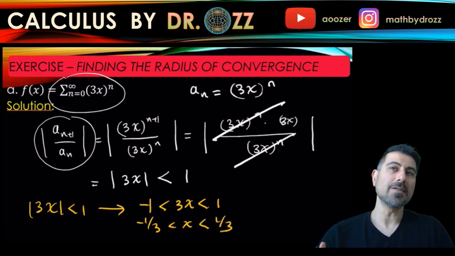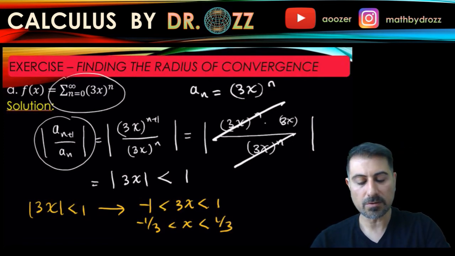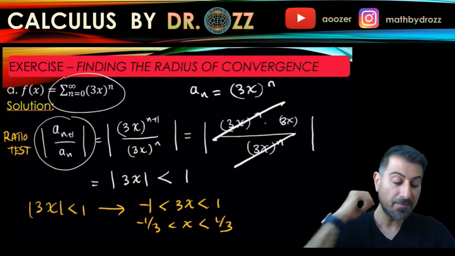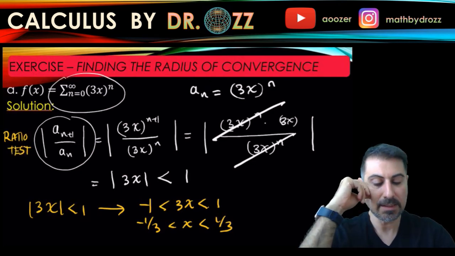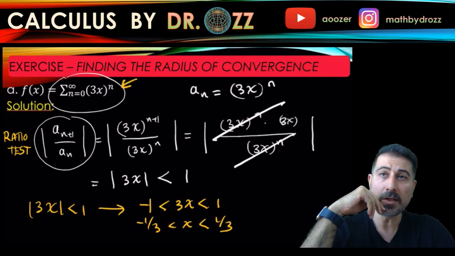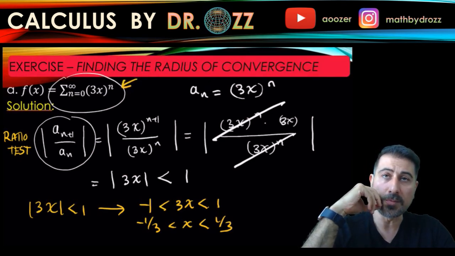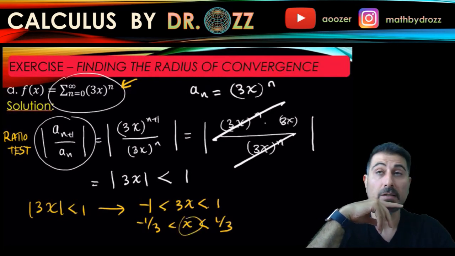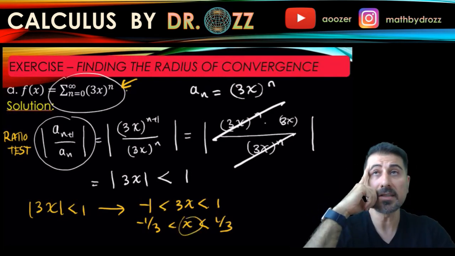So what this analysis says out of the ratio test is that if you have x coming from the interval negative 1 over 3 to 1 over 3, then any x in this interval will make this infinite series convergent.